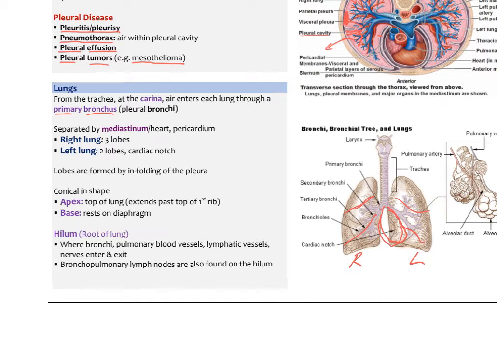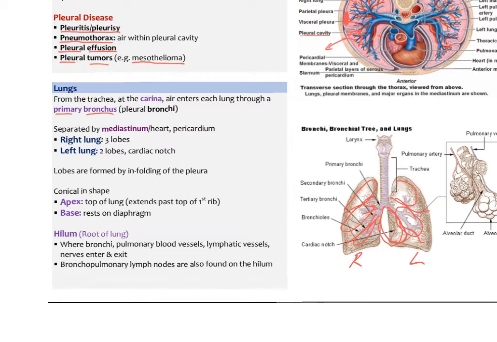What's going to be important is that the primary bronchus, again, 1 for each lung, is going to branch into, in the right lung, 3 secondary bronchi. Each secondary bronchus supplies a single lobe. And then on the left, there's two secondary bronchi, and each one supplies a lobe of the lung.